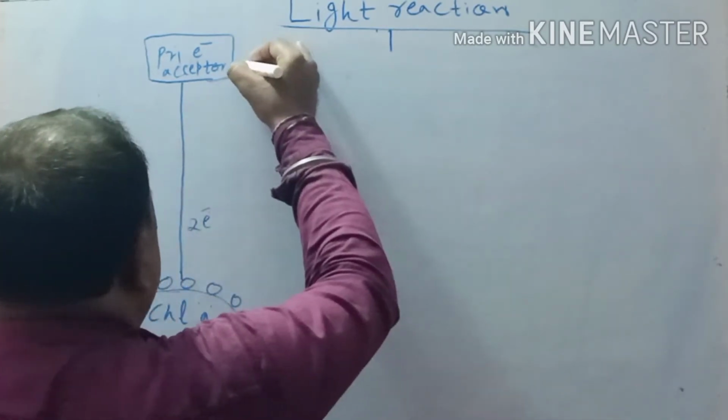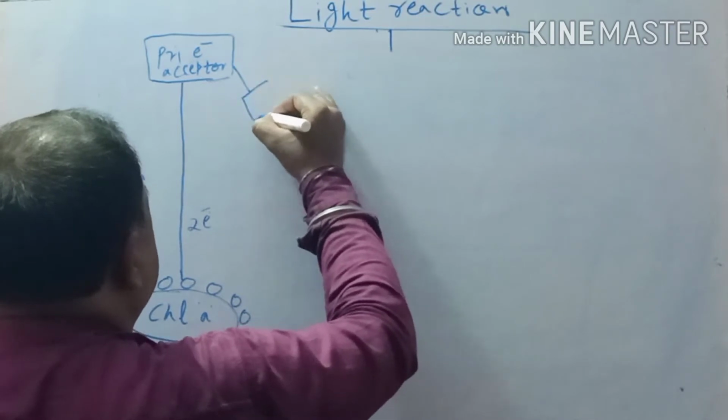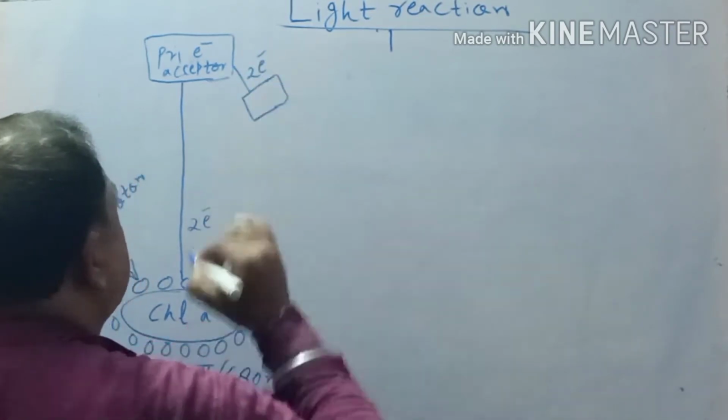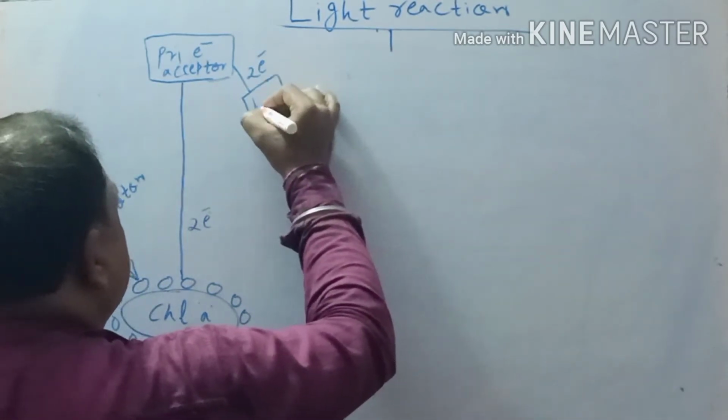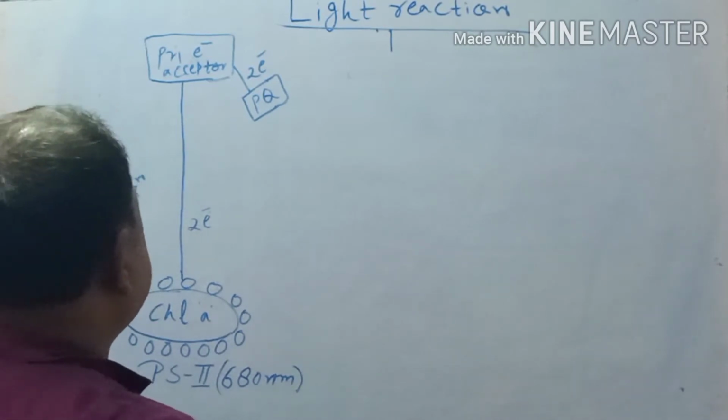The pair of electrons accepted by the primary electron acceptor then moves to PQ, that is plastoquinone.